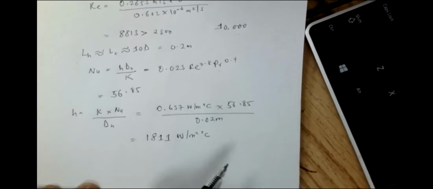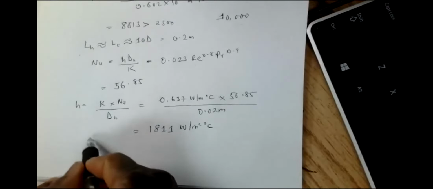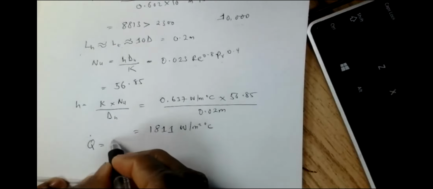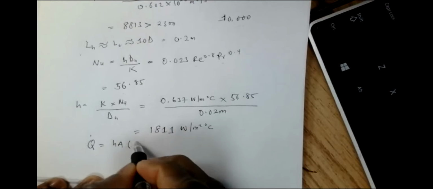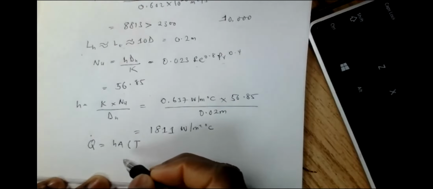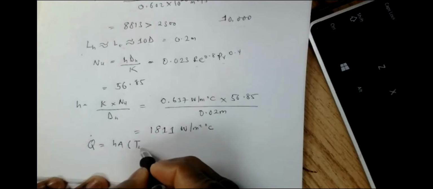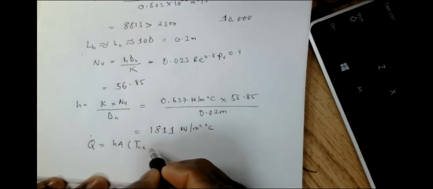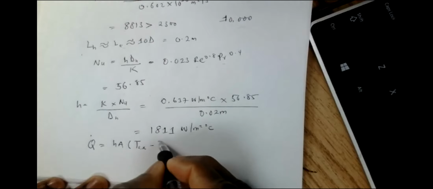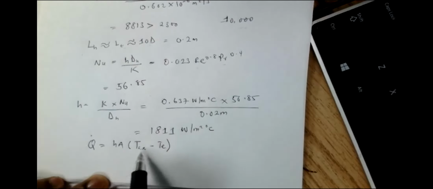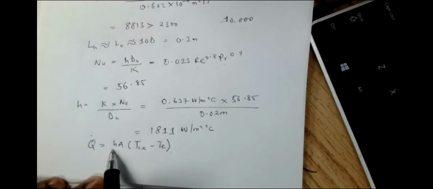So we call this Ts, the surface temperature at a point of interest, I'll just call it x, minus the exit temperature, just the difference between that short distance. We know the exit temperature and we've evaluated the convection heat transfer coefficient at that point.